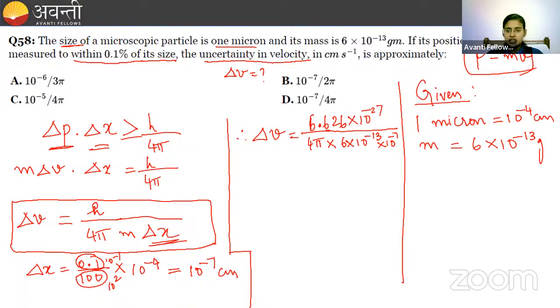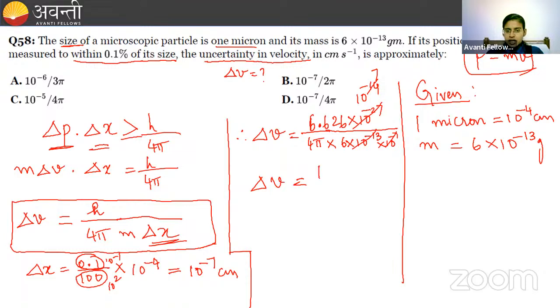So if we solve this, 10 power minus 13 and here we'll get 10 to the power minus 14, right? If we cancel this out, we will get 10 to the power minus 7, right? 6.626 divided by 6, so 6 and 6 will get cancelled out mostly.